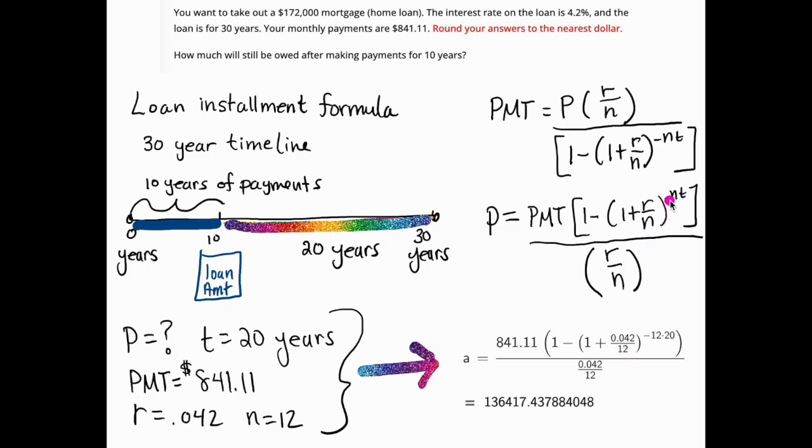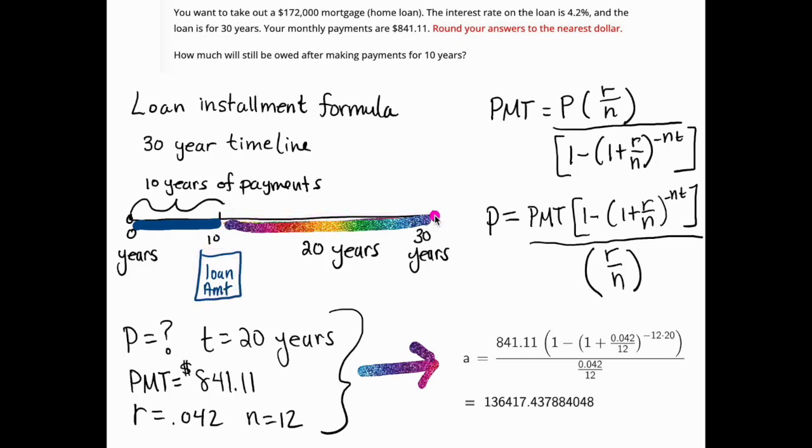And then I have minus N times T. I have minus 12 times 20 years. Remember, we're doing 20 years because we've already done 10 years, and now we're stopping here and thinking about this as a new loan, and whatever is left over from what we've paid for the first 10 years is the amount of the new loan that we're starting from here to here.